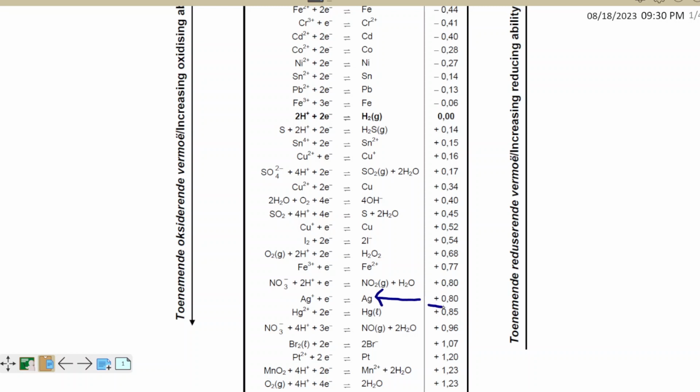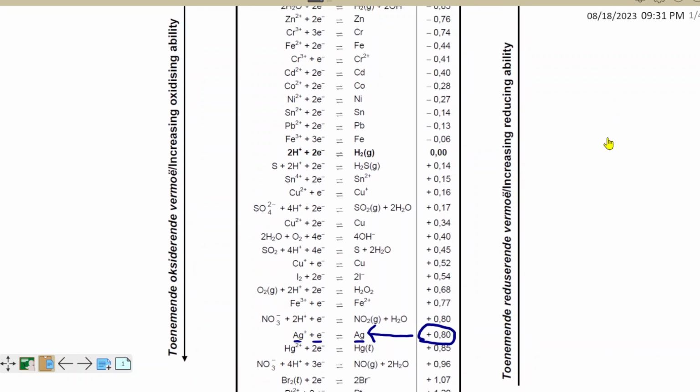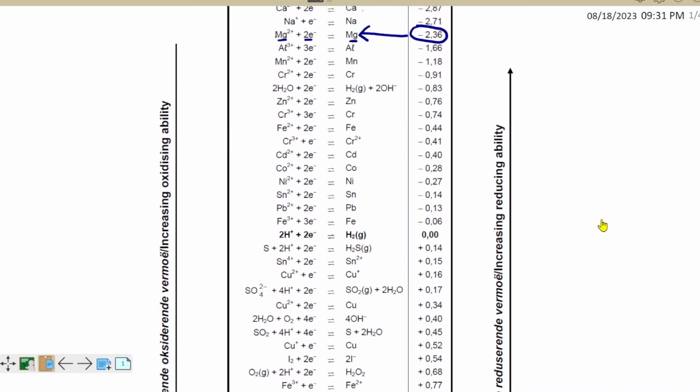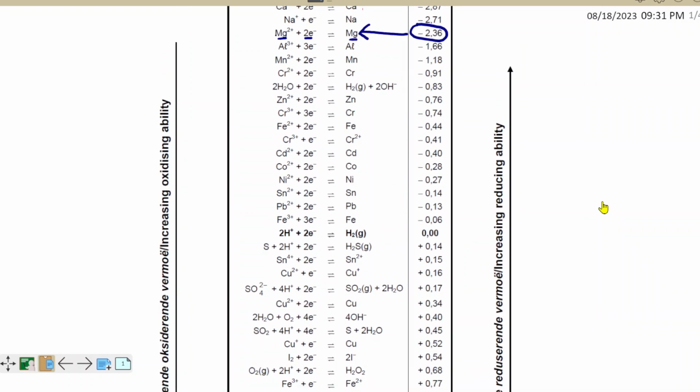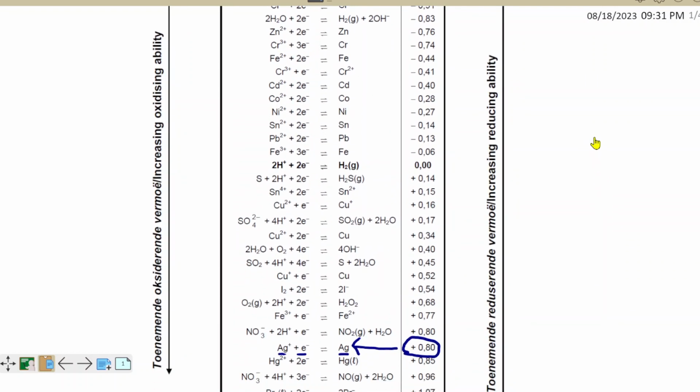It has a potential of positive 0.80. You can see there is Ag+ plus 1 electron to become Ag, which is in a solid form. So we saw now that the Mg reaction is above and the Ag reaction is below. Here is Mg above, here is Ag below.